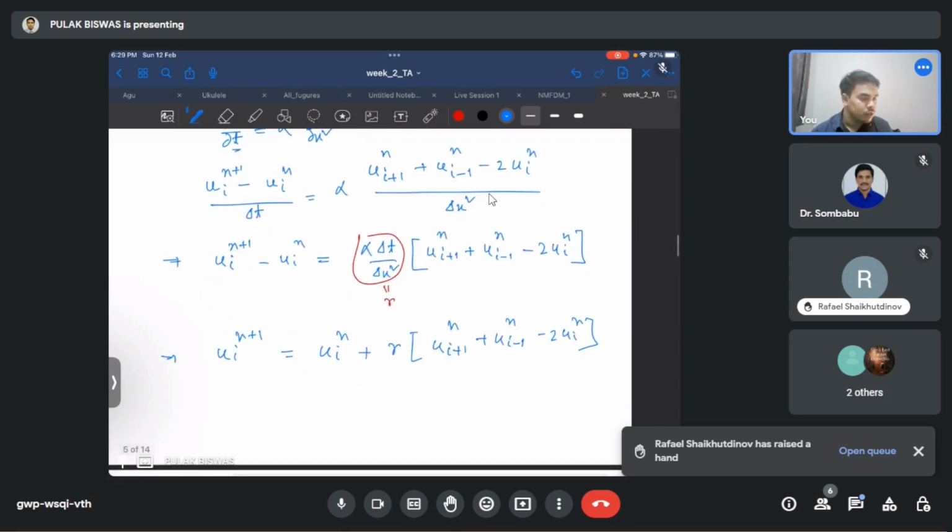So see, what I'm observing is that if I use the forward difference for the time derivative and the center difference for the spatial derivative, we can represent the next iteration value at ith position, n plus 1, from the values all from the past positions n and n.